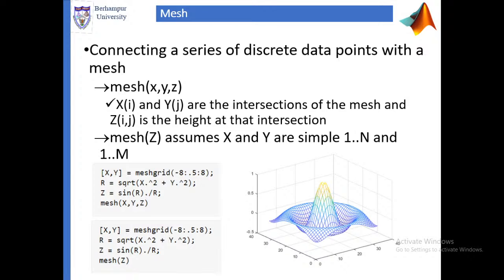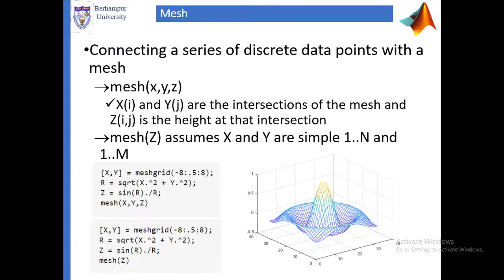Now please remember, little x and little y are different from capital X and capital Y. Capital X is obtained from little x, and in capital X we have rows of little x. Capital Y is obtained from little y, and capital Y contains columns of little y. So Xi and Yj are the intersections of the mesh, and Zij is the height at those intersection points.